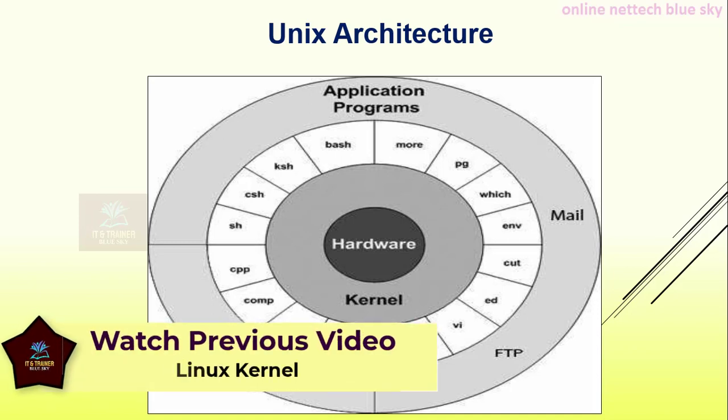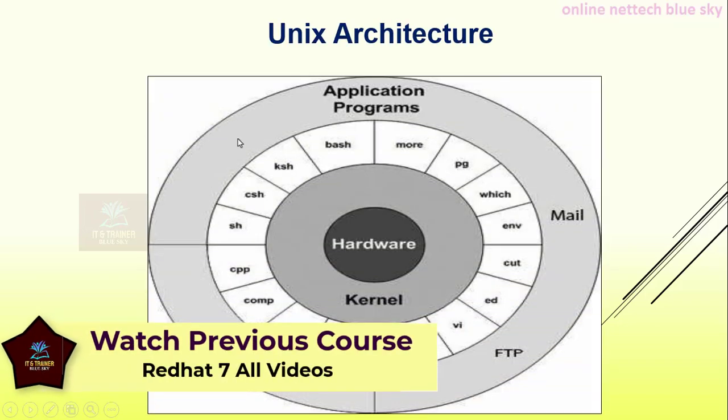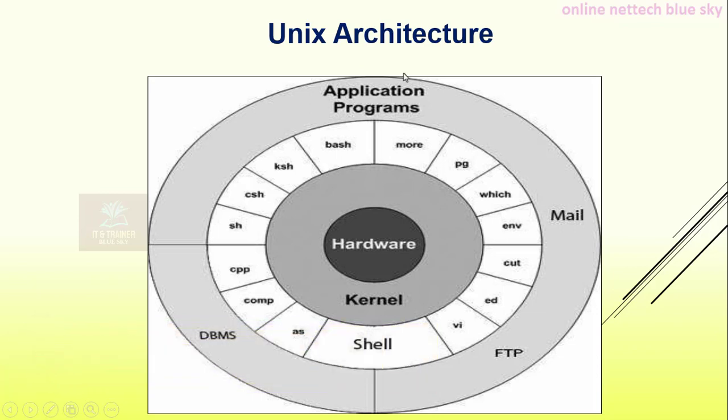So you can see here this is the Unix architecture. What is architecture? You already understand it. This is the operating system architecture, and it is very important to understand, because you are using the Linux operating system. If you want to learn about the Linux operating system, whether you are using Linux for the first time, or taking Linux courses, or studying the Linux operating system, this is very important to understand.